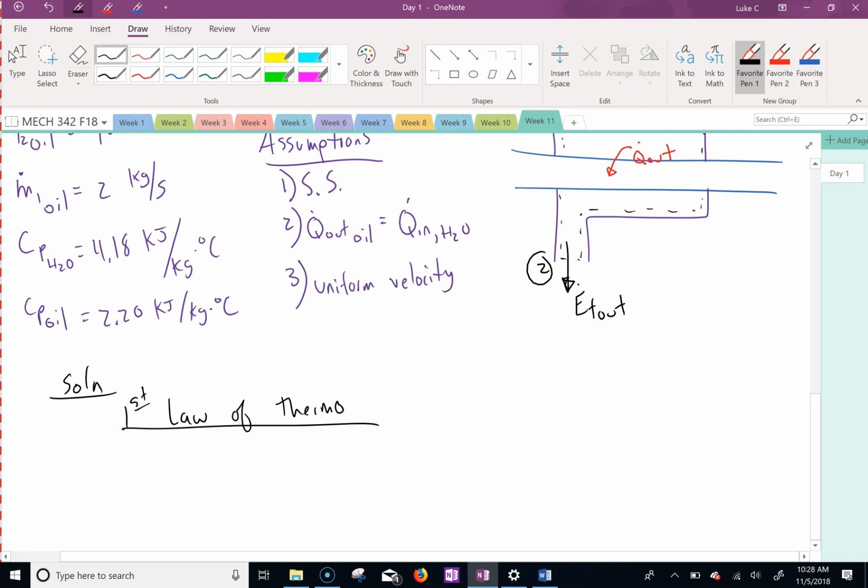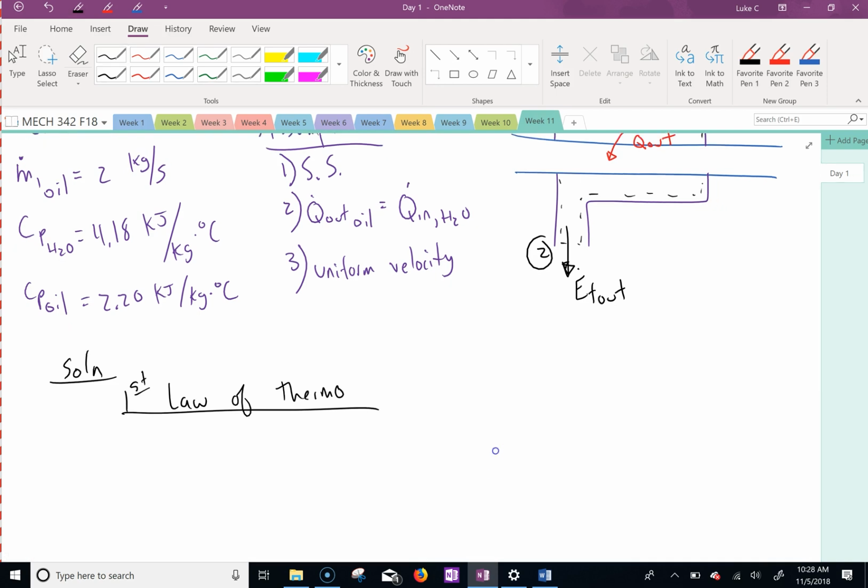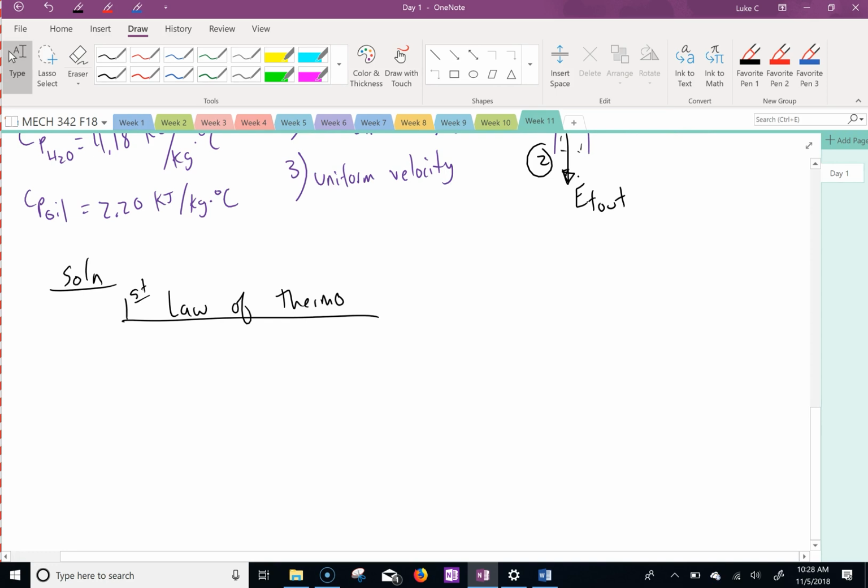Dynamics students, you could also do this, right? But you would cancel a whole bunch of stuff because we're assuming constant. You only have KE and PE of the system. Steady state means the energy in that control volume is going to stay the same.